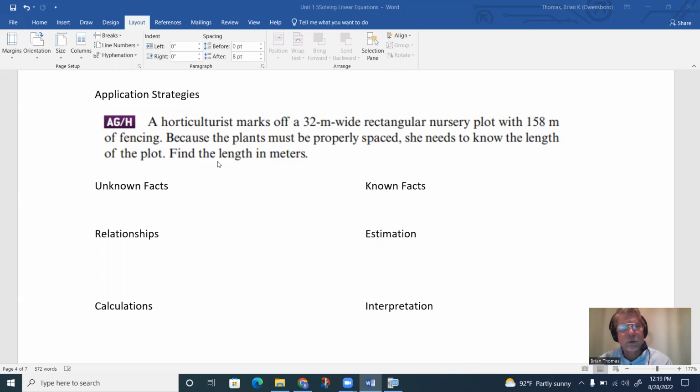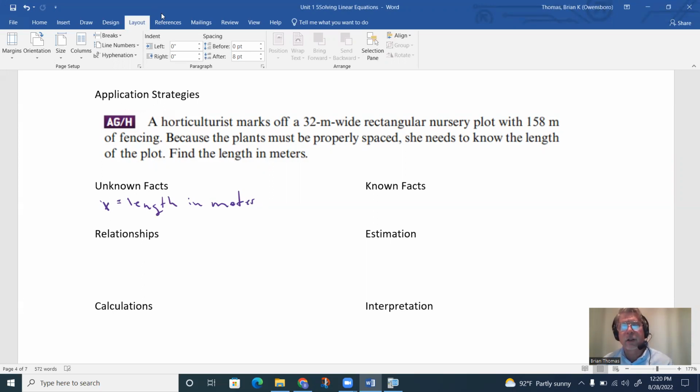So what we're looking for is usually the unknown fact. So the unknown fact is going to be the length in meters. So I can let x equal the length in meters. So we're talking about the rectangular plot. So the known facts, we see a 32-meter wide rectangular nursery.